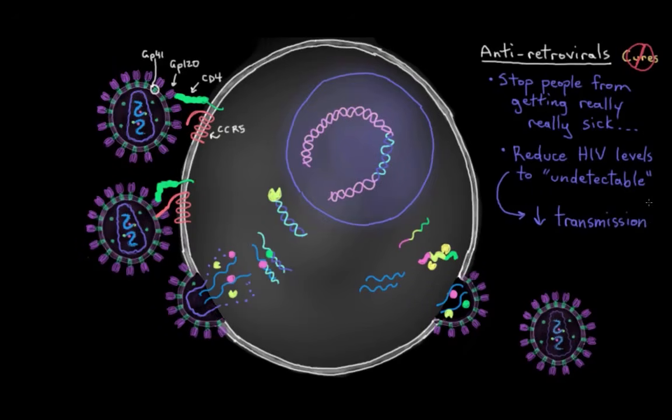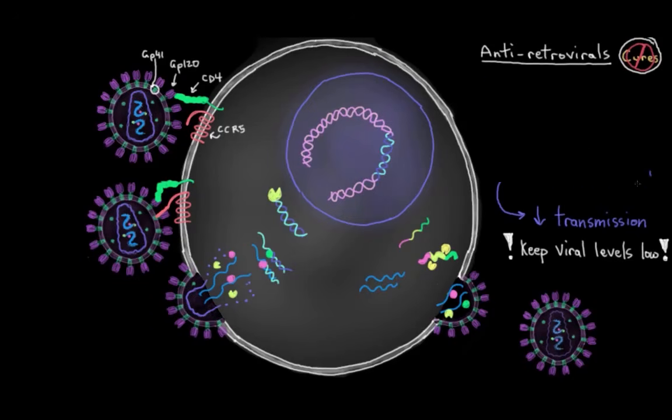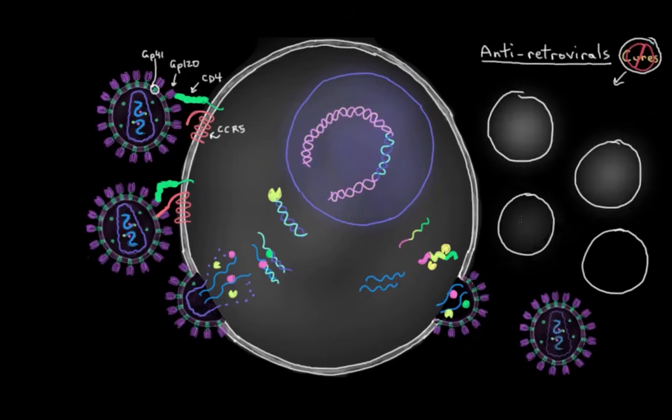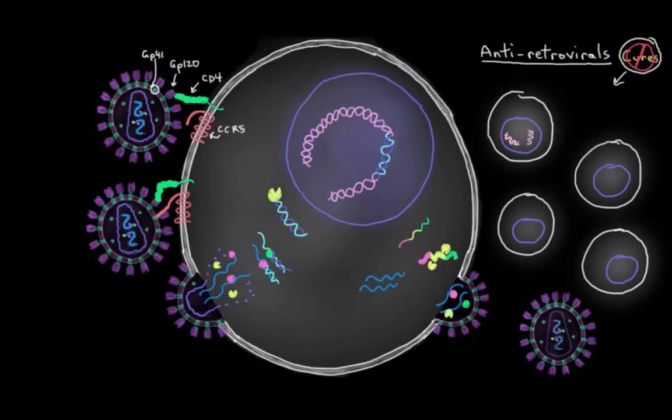So the big idea behind ARV treatment is to keep the viral levels really, really low. And I should have mentioned this earlier, but the reason it doesn't cure an HIV infection is because there's this big pool of infected CD4 cells that get established really early on in an infection, and they lay low, essentially what I showed you earlier.